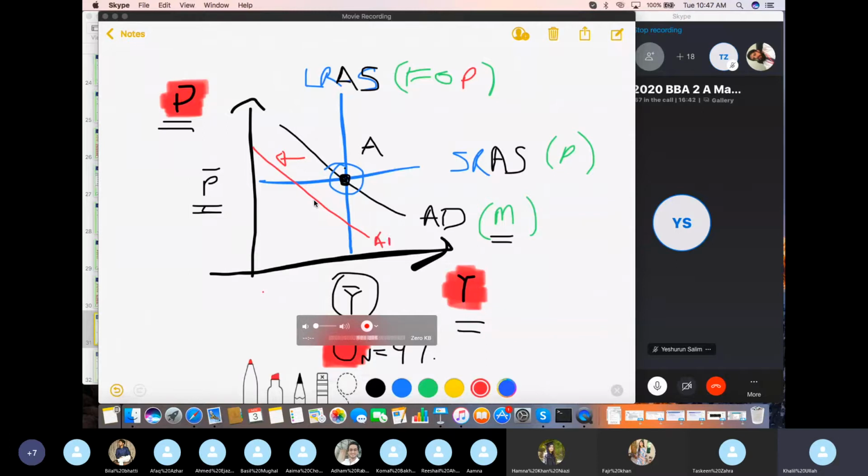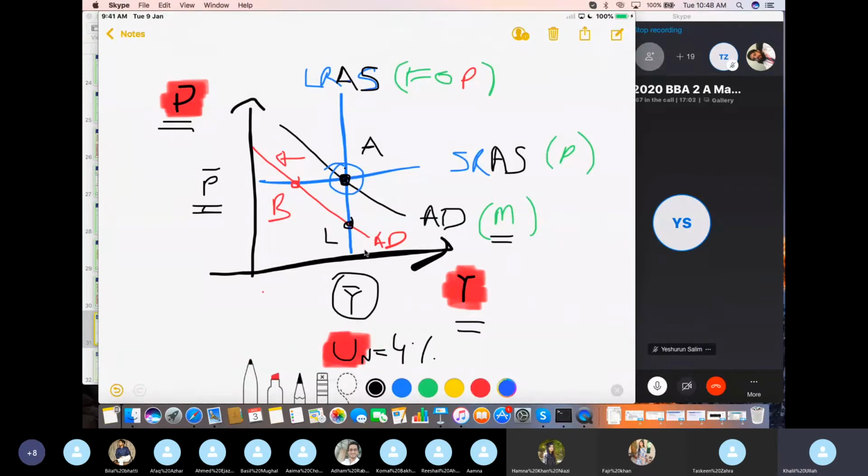So at point B, you have a short run equilibrium because demand is cutting the short run supply. Whereas when this demand curve cuts the long run supply, which is the vertical line over here, there is another equilibrium which is called the long run equilibrium. I'll be calling it L.